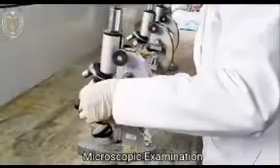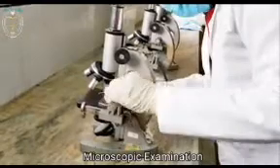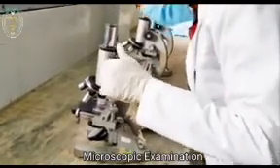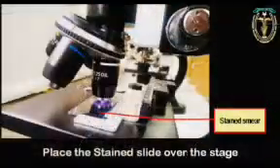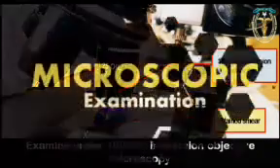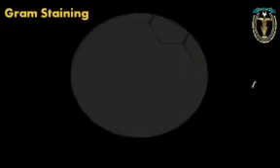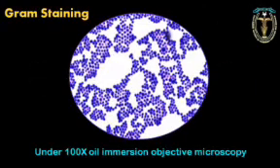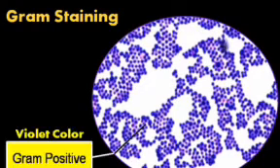You use the microscope and follow the order, examining under 100 times. When the Gram staining shows this kind of violet color, it means it is Gram positive, according to how we explained earlier.